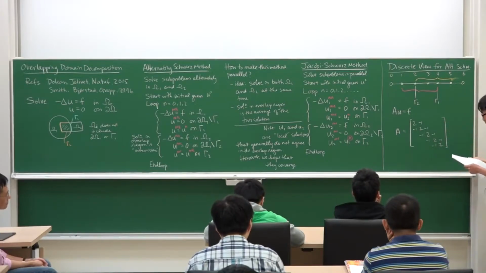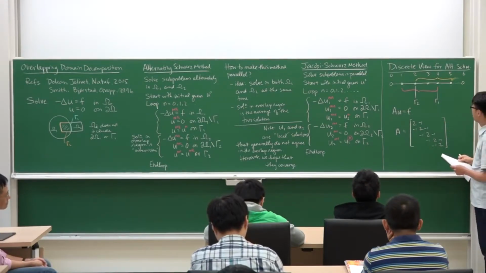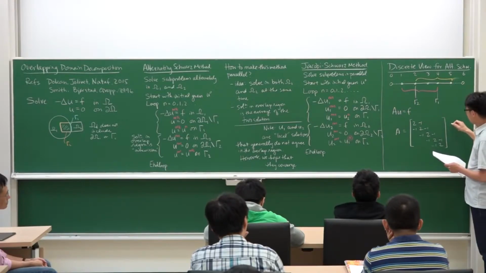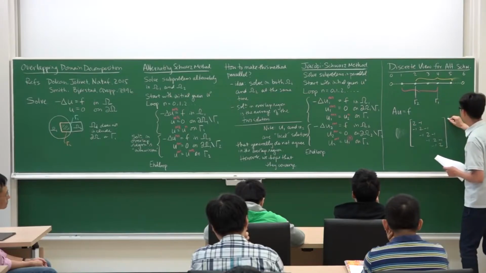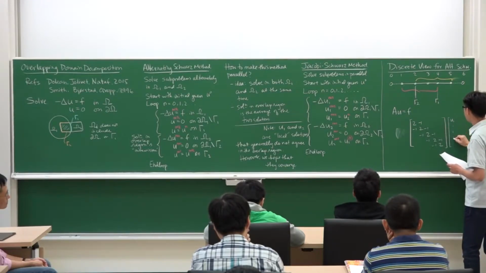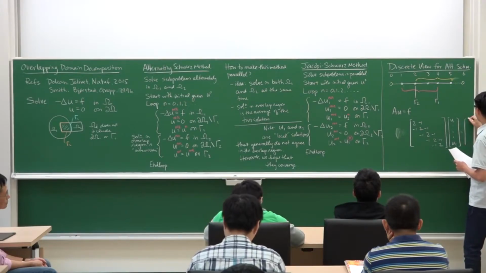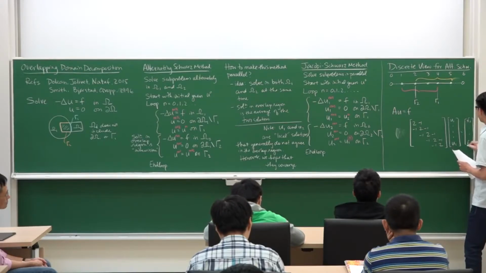Okay, so that's A. And we have U. Let me just write A, U equals F. A, U, U1 up to U5 equals F, F1 up to F5. Okay, so this is the global problem.